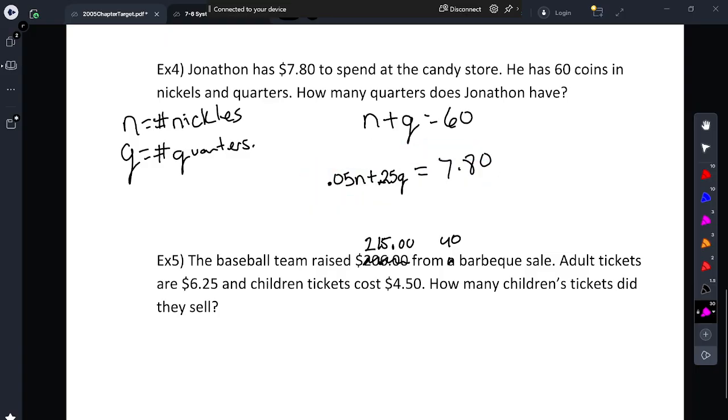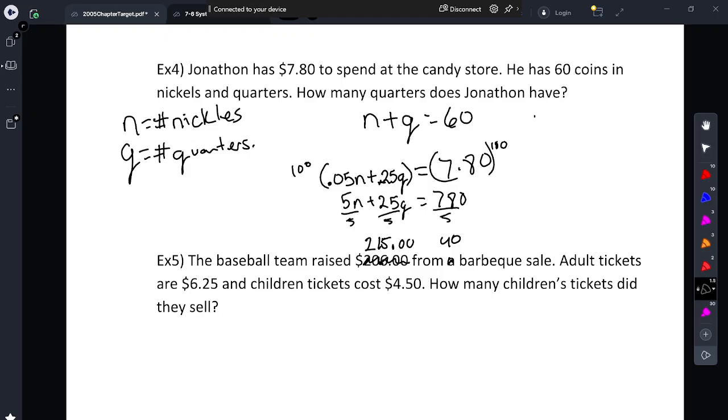It's not obvious to you guys, but I think I'll just start off by multiplying by 100. What's that give me? 5N plus 25Q equals 780. What can I divide all of those by? 5. So I'm going to divide them all by 5.